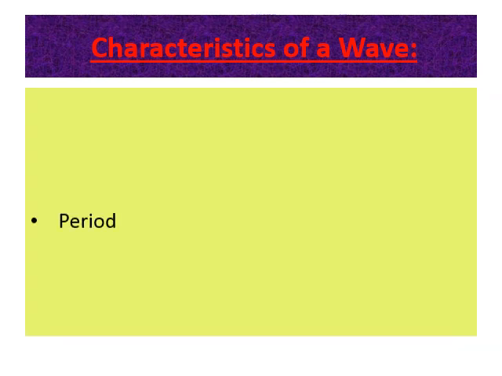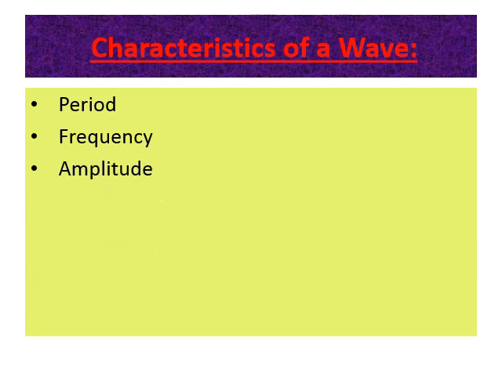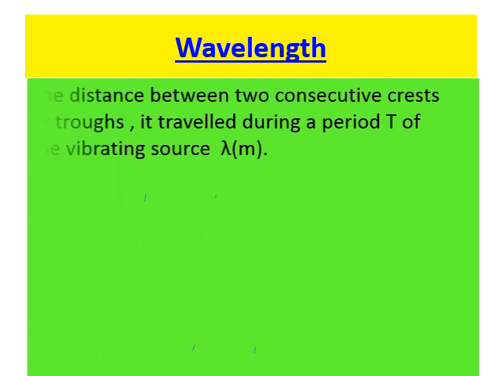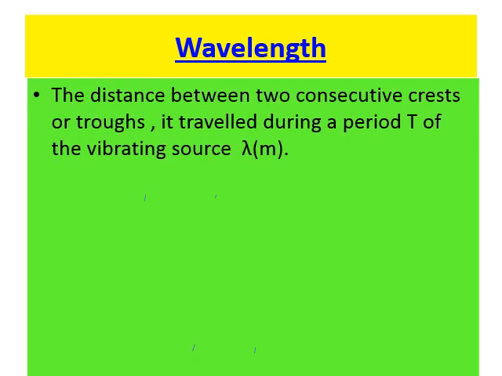Characteristics of a wave: period, frequency, amplitude, wavelength, and speed of propagation. Wavelength is the distance between two consecutive crests or troughs.